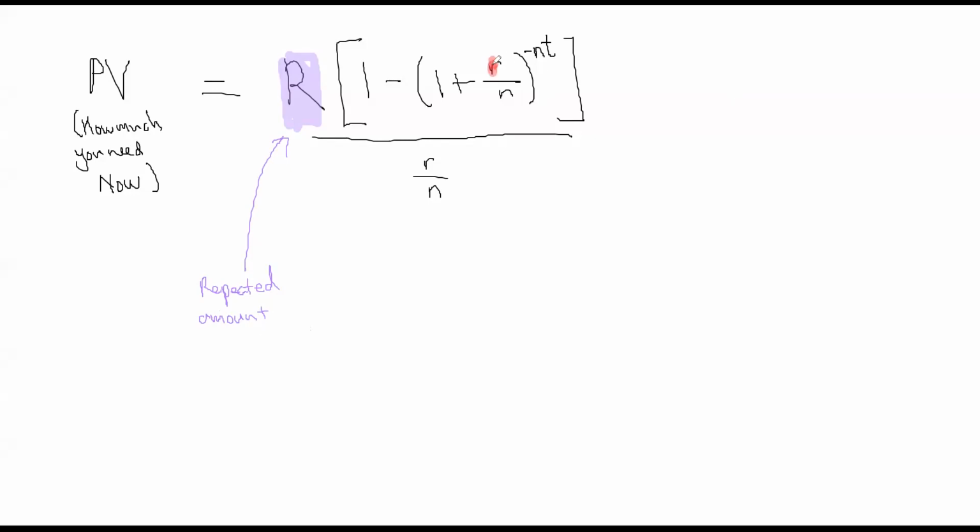Lowercase r is the percent interest rate per annum, so every year. And just like before, we have n, which represents the compounding period per year.